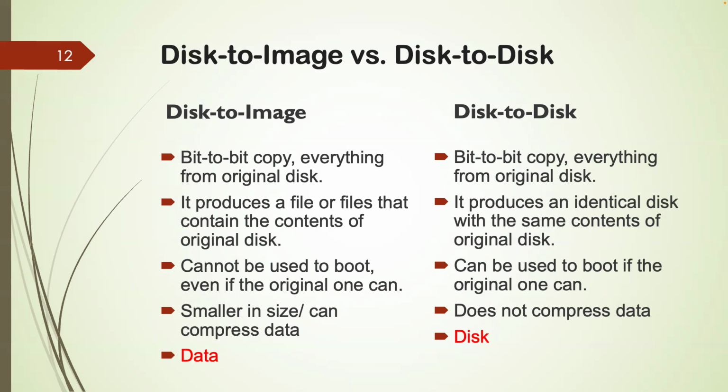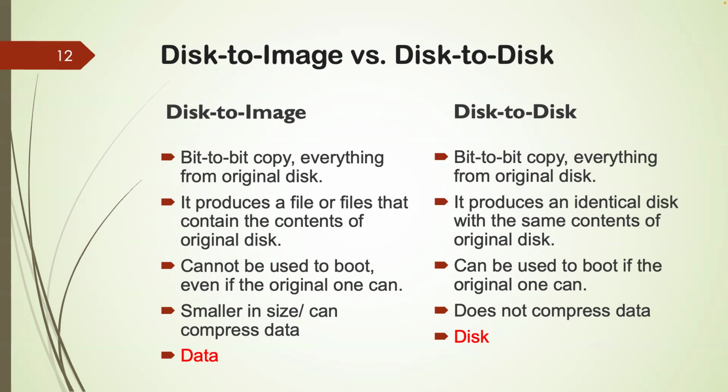This image cannot be used to boot on its own, and you will have to mount it on some other hard drive if you want to boot from it. But the disk to disk copy, you can replace it with the original, and it will still boot your system.